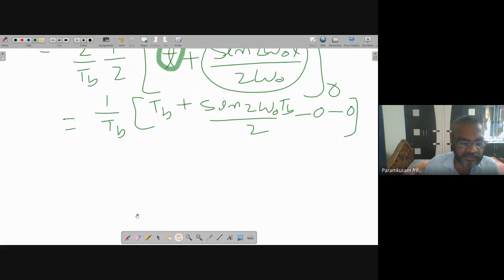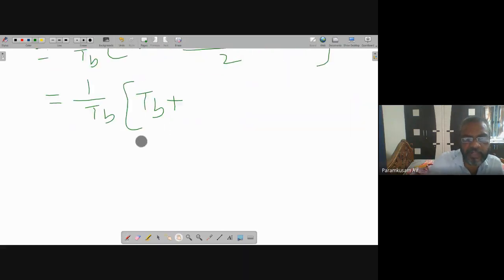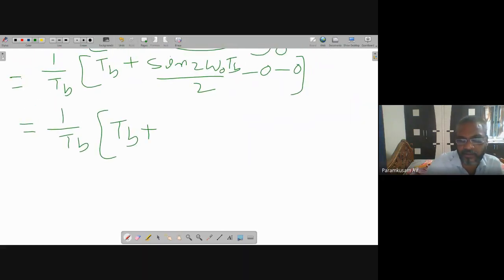So this is equal to 1 by Tb plus sine 2 omega naught Tb. What is omega naught into Tb? This is equal to 2 pi f naught into Tb.